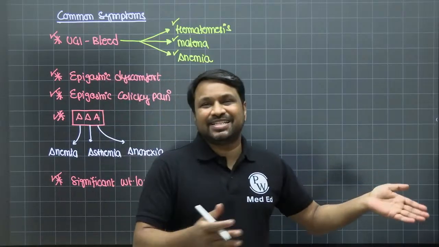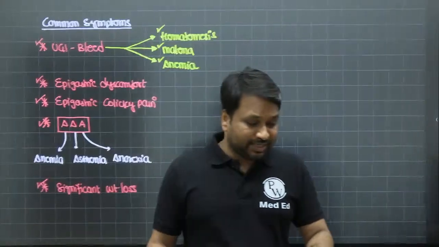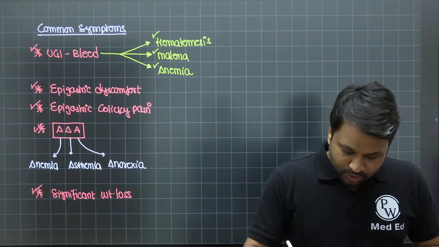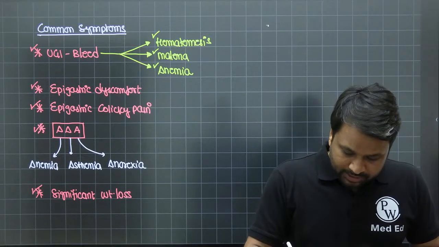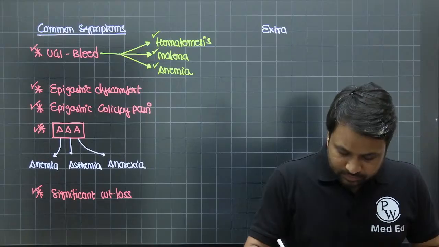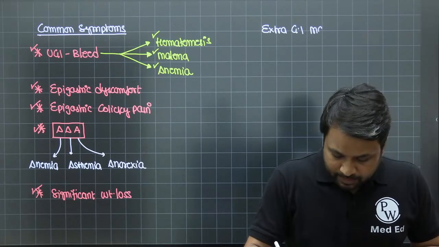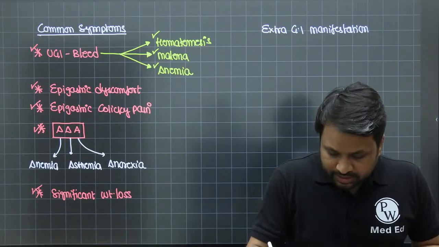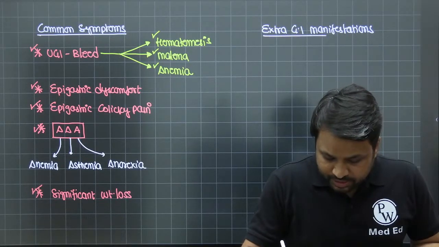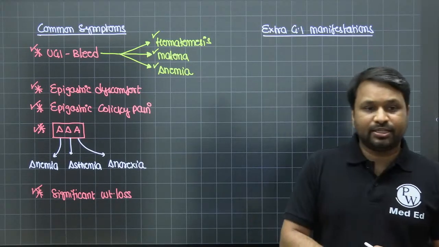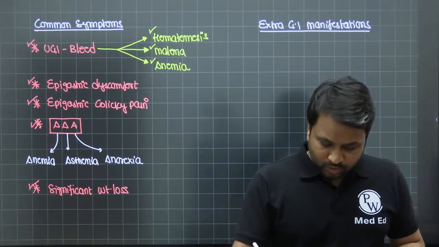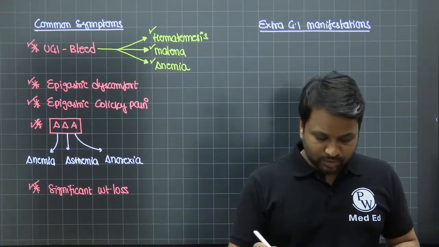Now, these are the GI symptoms. Everybody knows it. What is interesting to know is the extra-GI manifestations. What are the extra-GI manifestations that we are going to have in these patients? I'll start from head to toe and we'll try to give you a graphical representation so that you understand better.